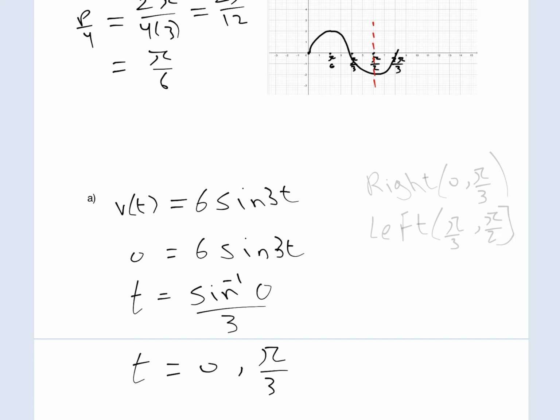Now to determine where the particle moves to the left and to the right, we have to look at the graph and decide. Above the axis, the particle will move to the right, and below the axis, the particle will move to the left.